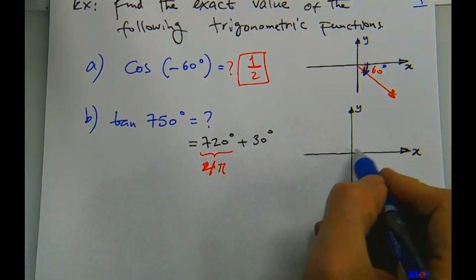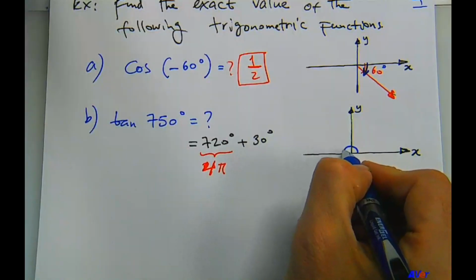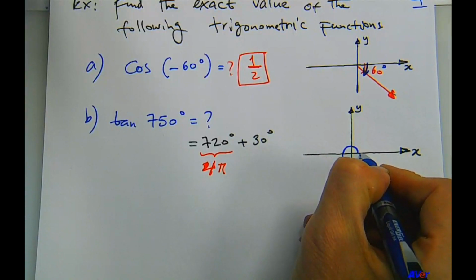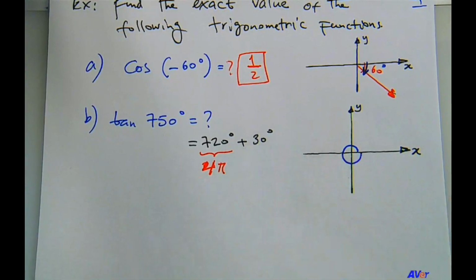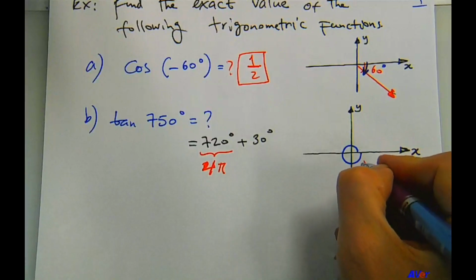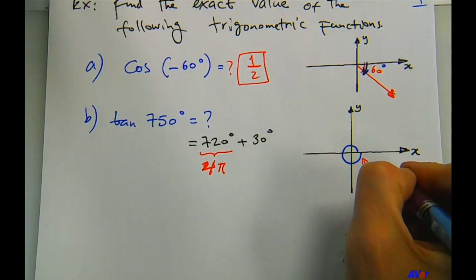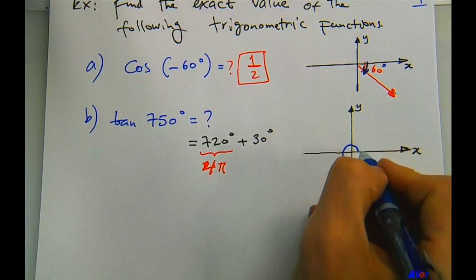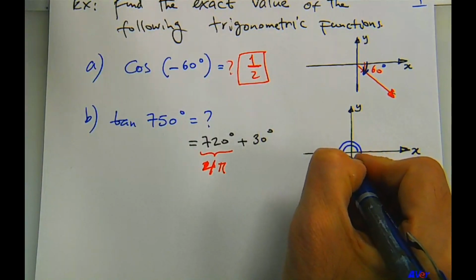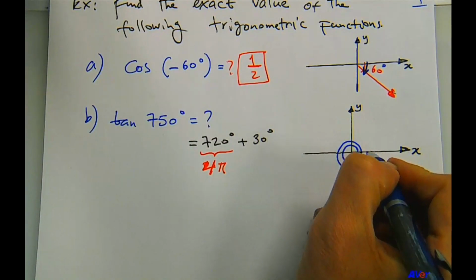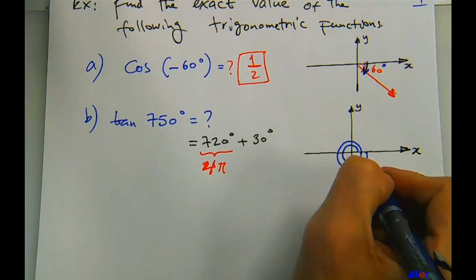So here I go with 720 degrees. So that's 360 degrees, right? Let me mark that. Then I'll continue, and I get to that point. That's another 360 degrees on top of this.